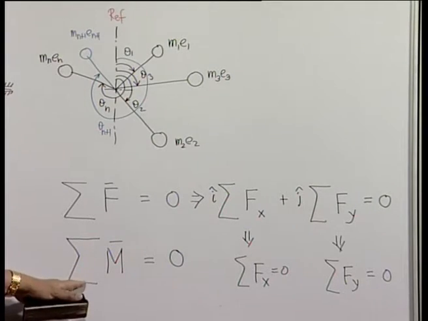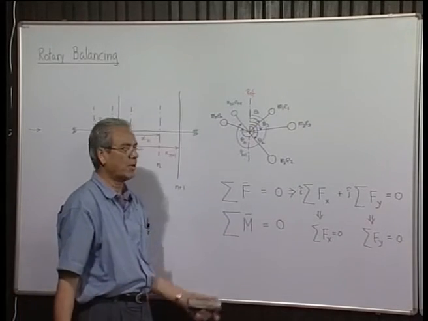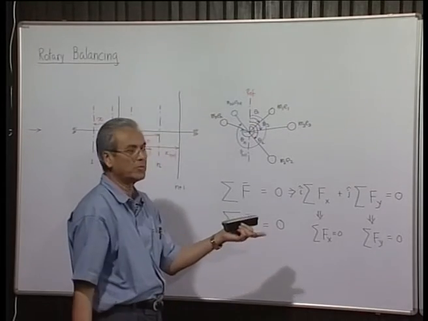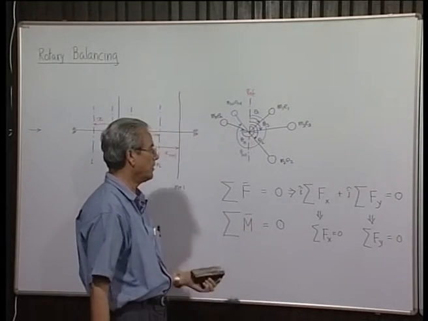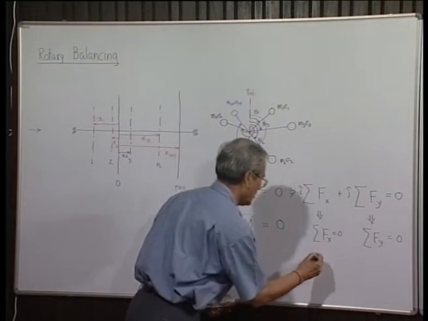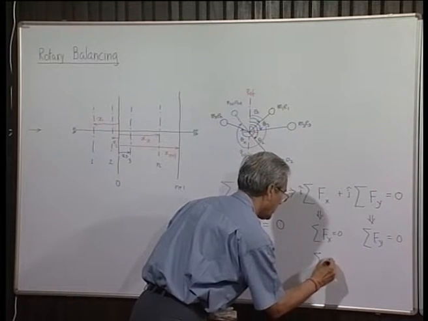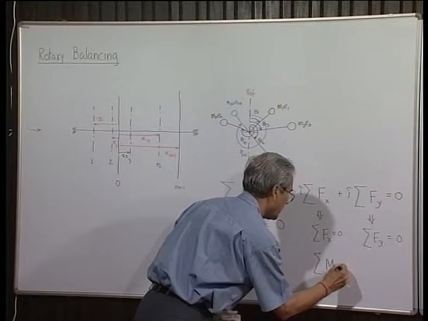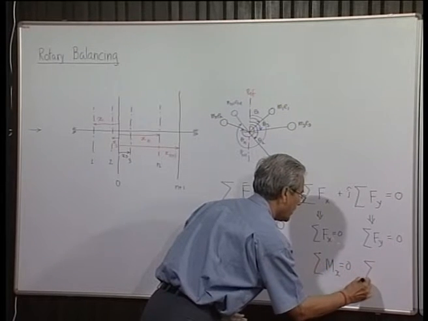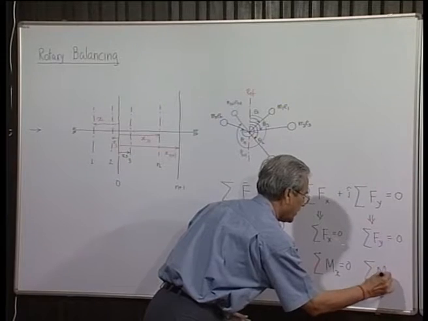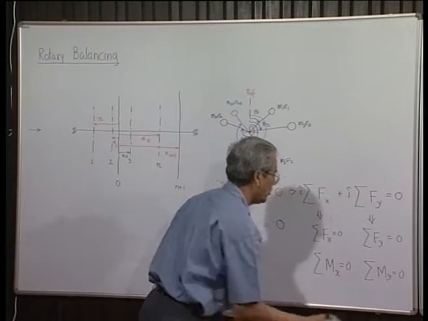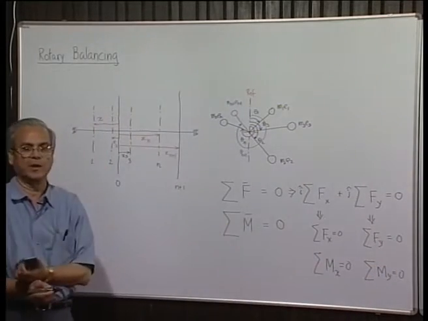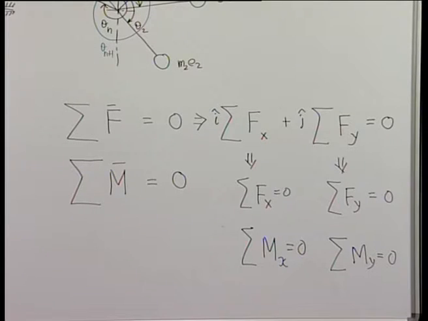Same is the case here, that if we take the x components of these moments, that sum will also be 0, and y components of the moments will also be 0. So, by the same logic, we will get 4 equations and we have seen that we have 4 unknowns, m 0 E 0 and theta 0, and m n plus 1 E n plus 1 and theta n plus 1.